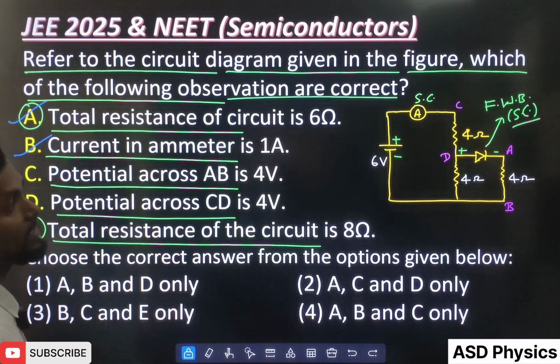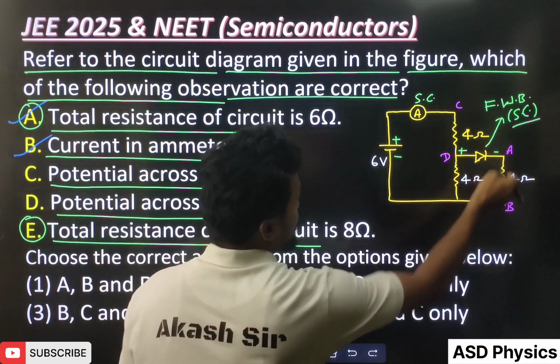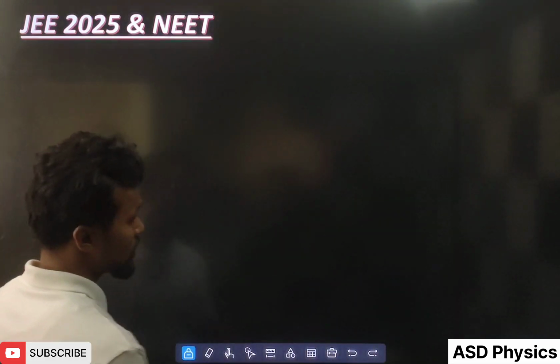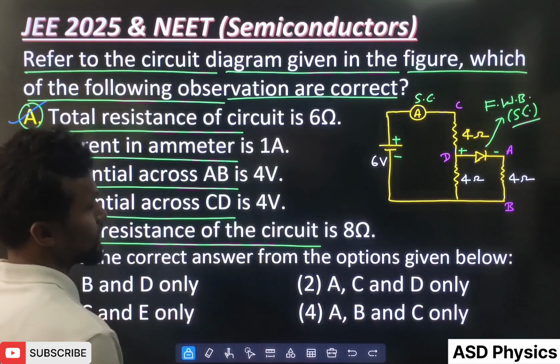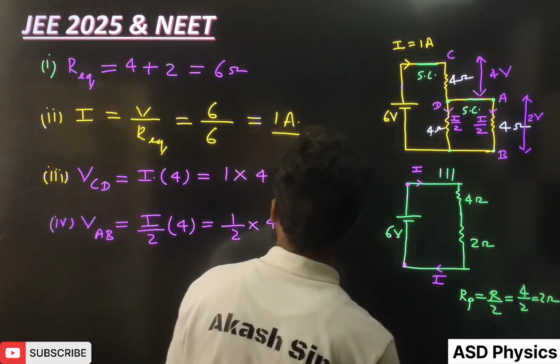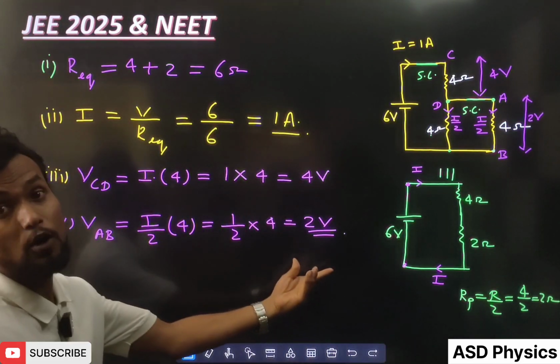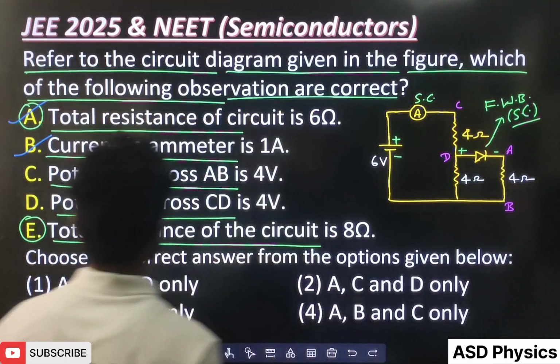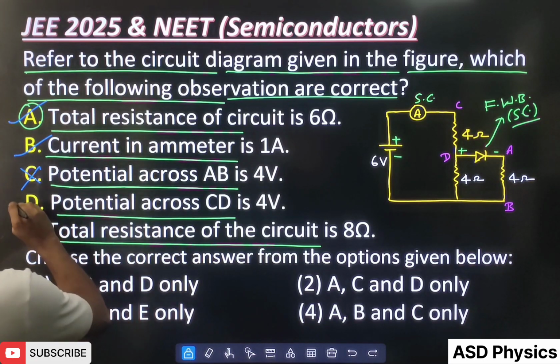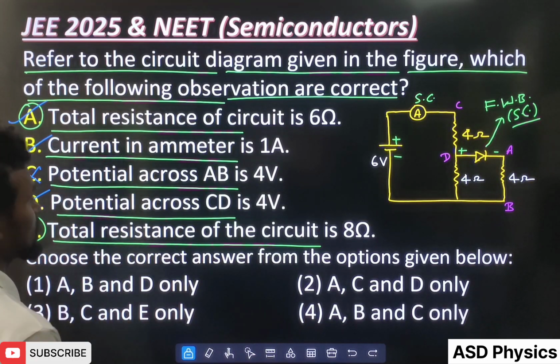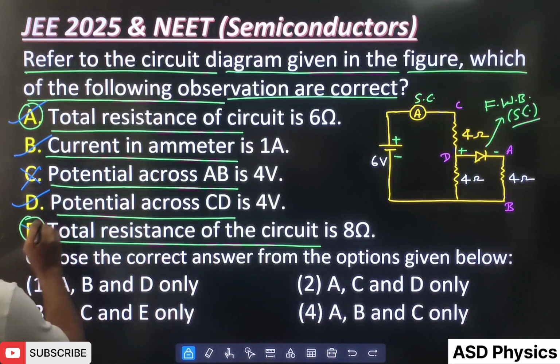Potential across AB is 4 volt, they are telling, but what we have got here, students, kindly see, potential across AB is 2 volt, that means this one is wrong. And potential across CD is 4 volt, yes, that is correct. And the total resistance of the circuit is 8 ohm, anyhow this is wrong.